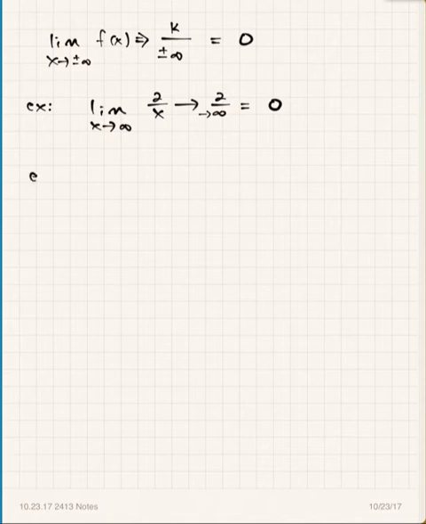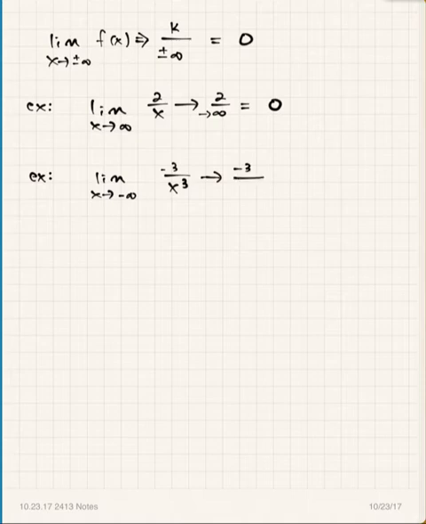All right, if we have the limit as x goes to negative infinity of negative 3 over x cubed. What do we have here? The numerator is a constant, so it's always -3.